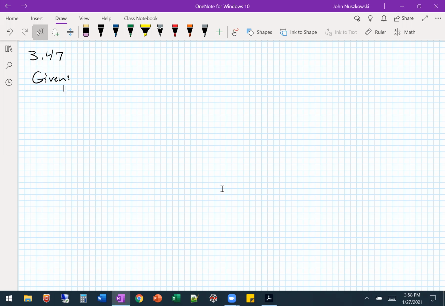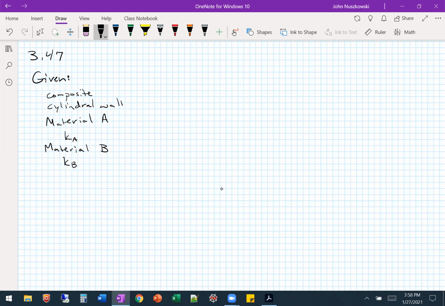All right, so we have a composite cylindrical wall. We have a material A, and that gives us a thermal conductivity Ka. We have a material B, and that has a thermal conductivity Kb.